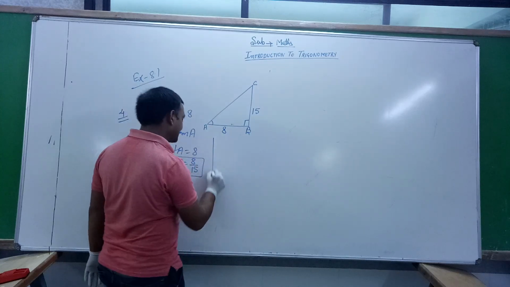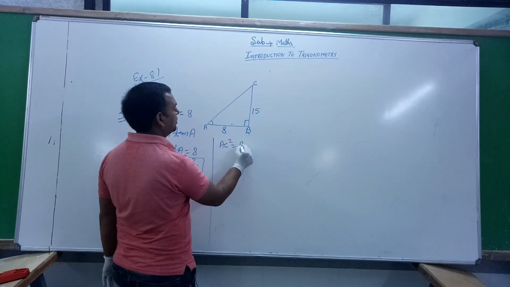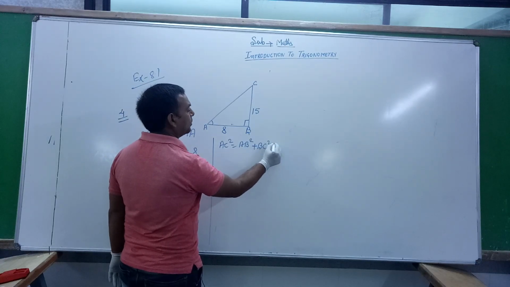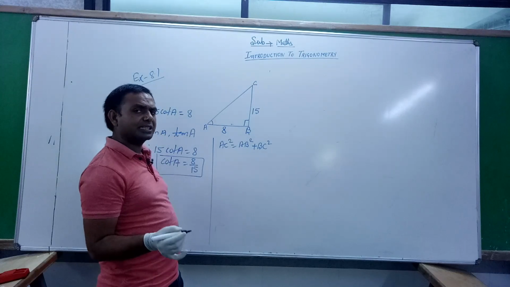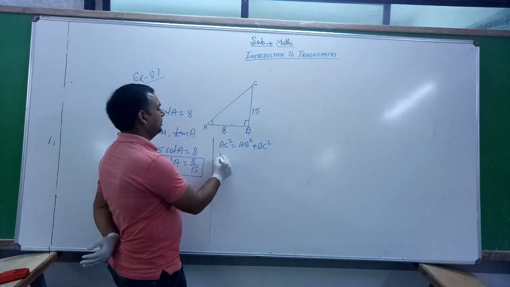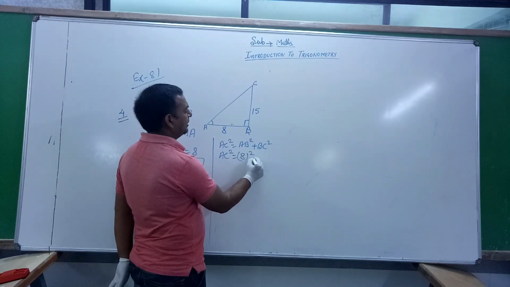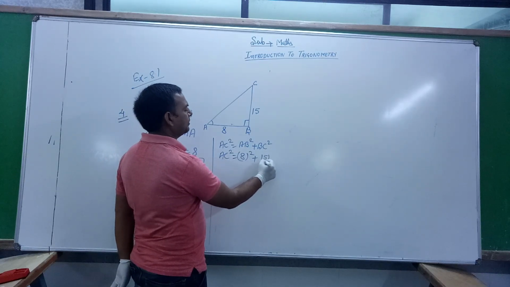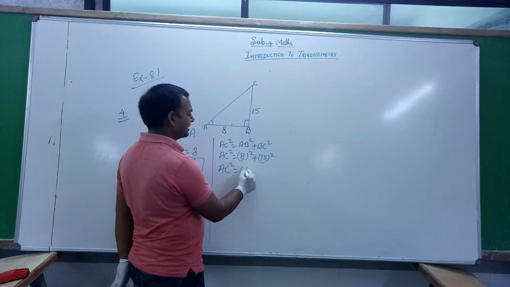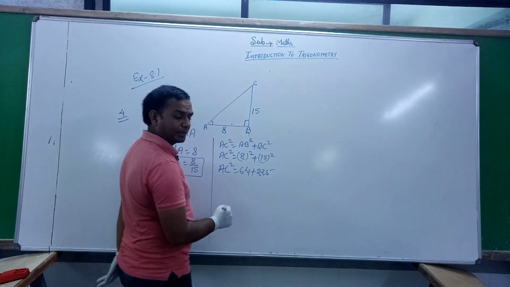According to the Pythagoras theorem, AC squared is equal to AB squared plus BC squared. Here I apply the Pythagoras theorem because it is a right angle triangle. So AC squared is equal to AB, which is 8 squared, plus BC, which is 15 squared. So 8 squared is 64, 15 squared is 225.